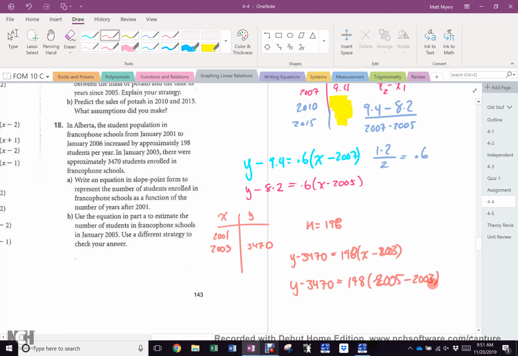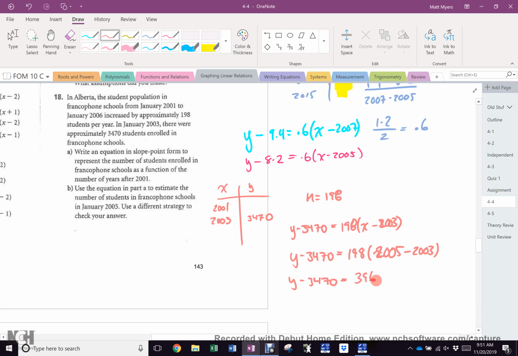What's 2005 minus 2003? 2. 2 times 198? What's 2 times 200? Minus 4 equals 396, yes? What's your job anytime you see a single variable?